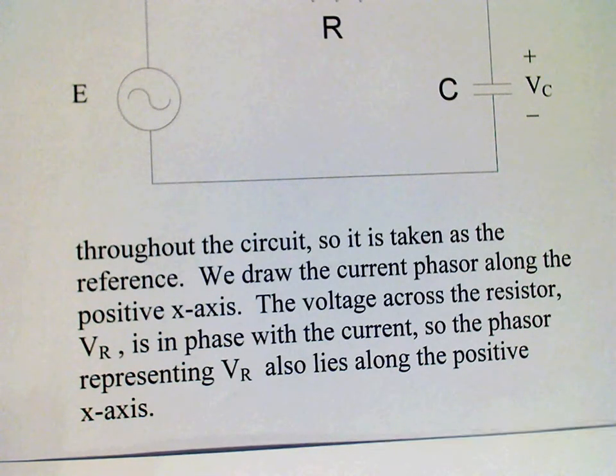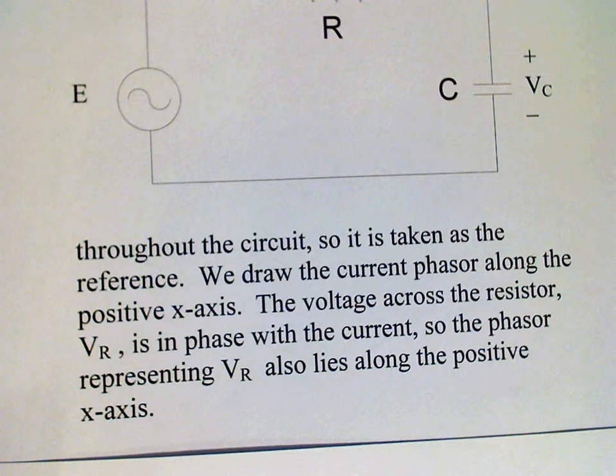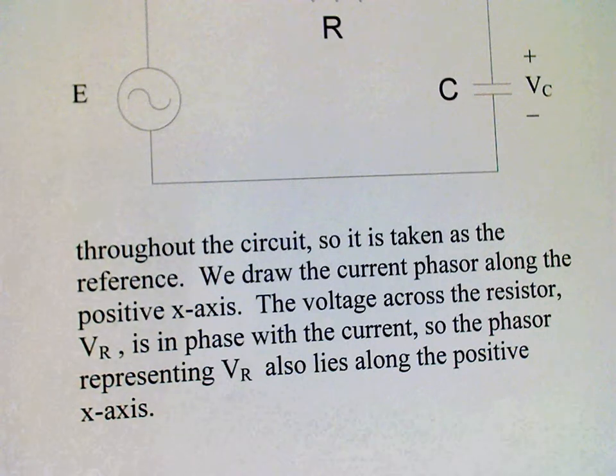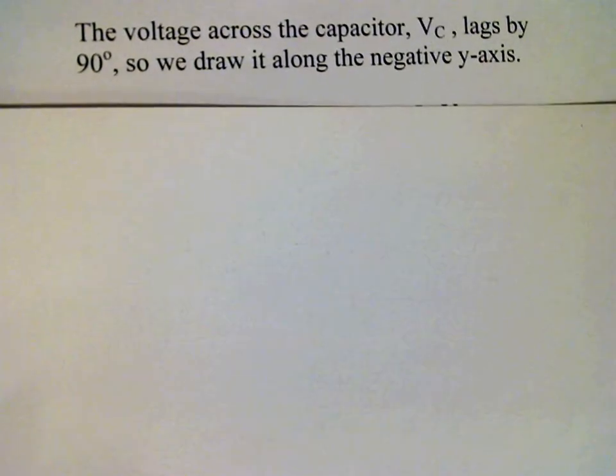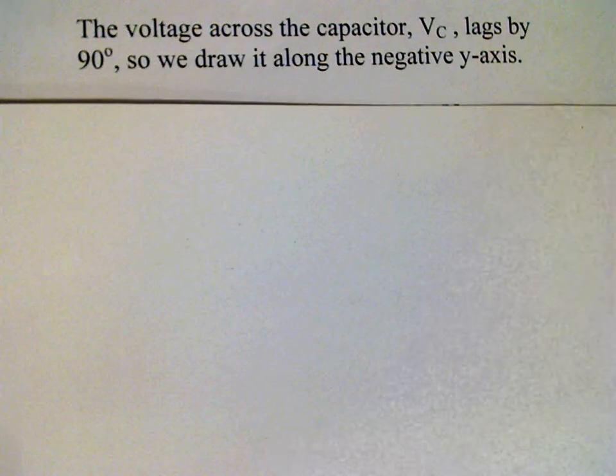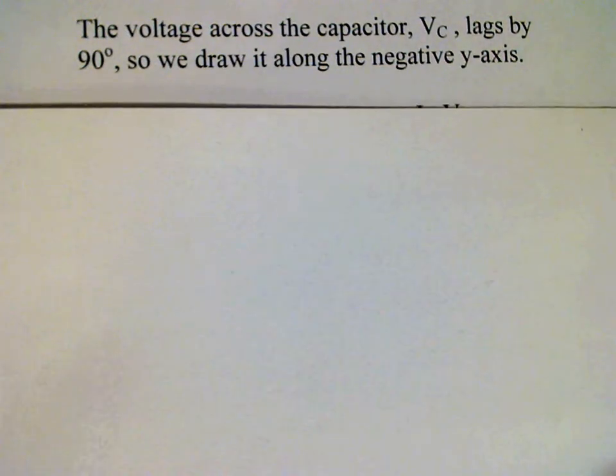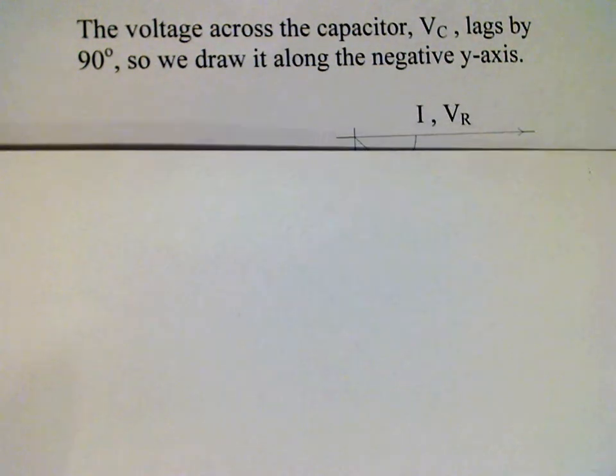And because the voltage across the resistor is in phase with that, the VR, the voltage across the resistor, will also lie on the positive x-axis. And we know that the voltage across the capacitor will lag the current by 90 degrees, and so therefore we're going to draw it on the negative y-axis.